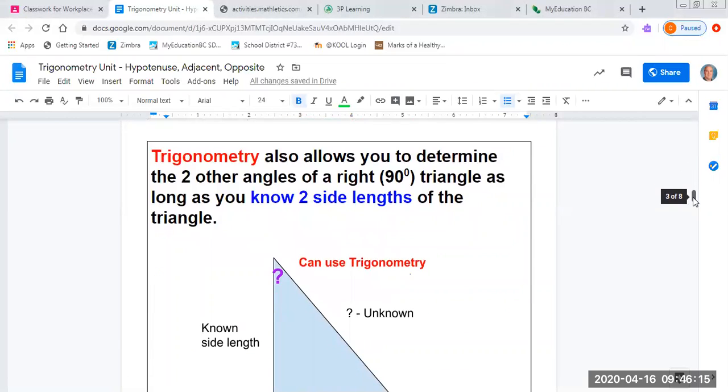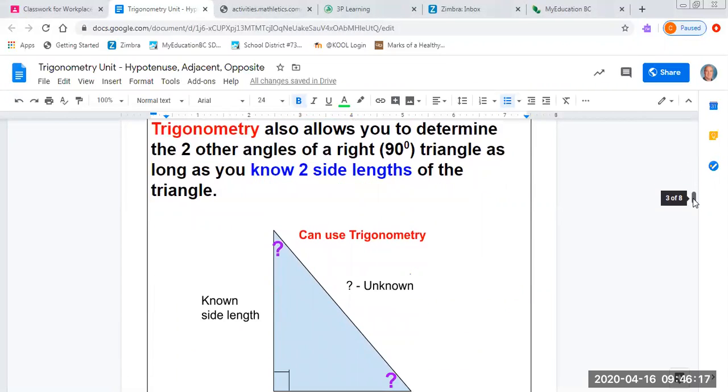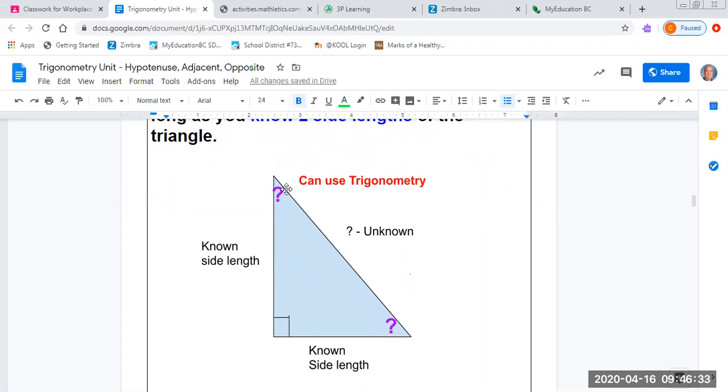So trigonometry, even if you have one side length and one angle that you know, can allow you to figure out all the side lengths. Trigonometry also, if you happen to know two side lengths, can determine the angles of the triangle.